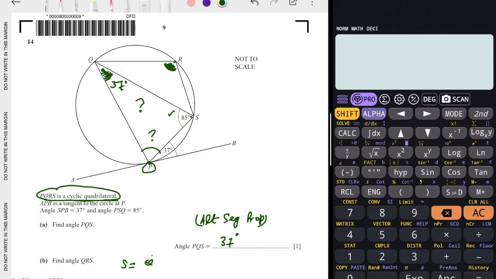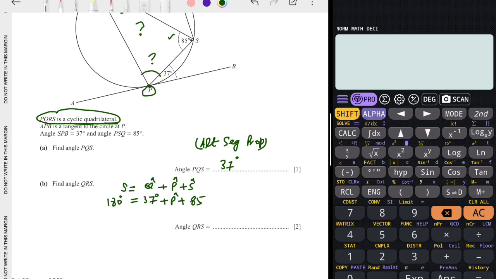So it would be angle Q plus angle P plus angle S is equal to 180 degree. We will show some working here. 37 plus P, that is unknown, and angle S, that is 85. So we are going to add them. 37 plus 85 would be 122.